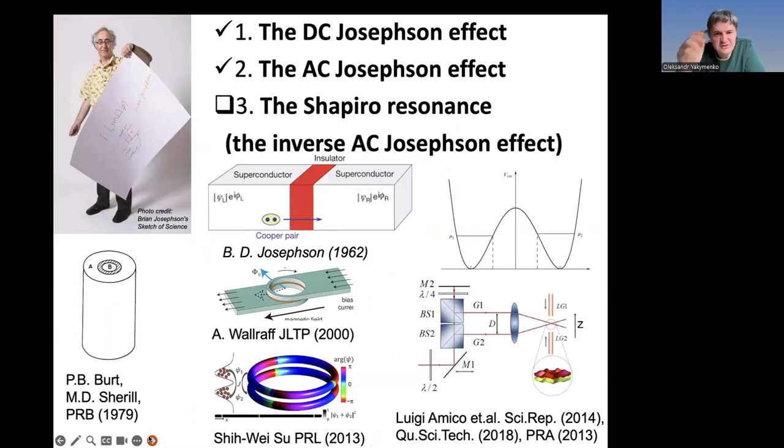Just to recall, this effect appears when you have two superconductors split by some insulator, the insulator region, where you have some tunneling of the Cooper pairs through this barrier from one superconductor to another due to the phase difference. So this is well-known physics, and a lot of technological applications of this Josephson effect are known. This guy takes off from Josephson with his famous equation, the Josephson equation.